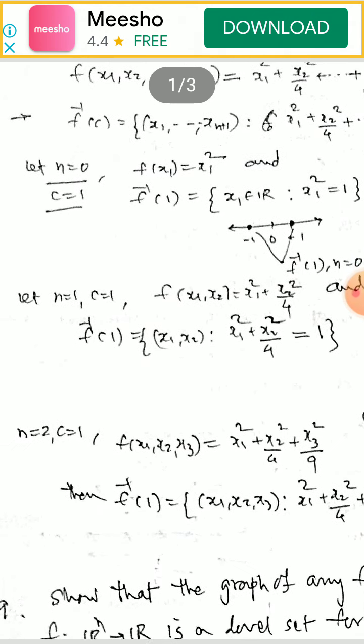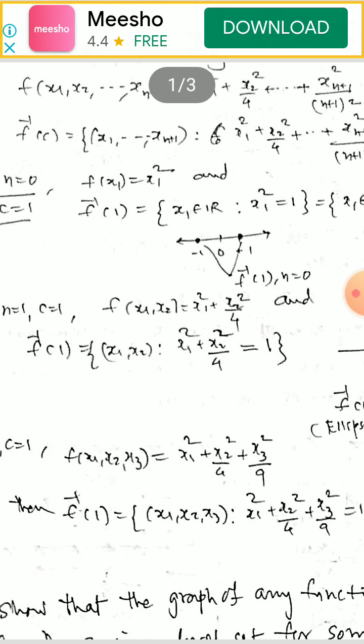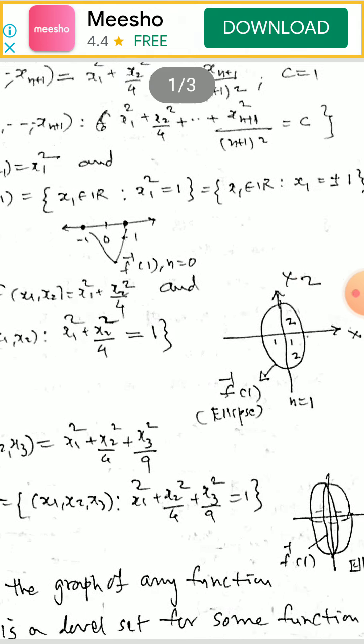Now for n is equal to 1 and c is equal to 1, first of all let us see what is the function. So here n is equal to 1 means f of x1, x2. Now this function is defined on R2. F of x1, x2 is equal to x1 square plus x2 square upon 4. And what is f inverse 1? The set of all ordered pairs x1, x2 where x1 square plus x2 square upon 4 is equal to 1.